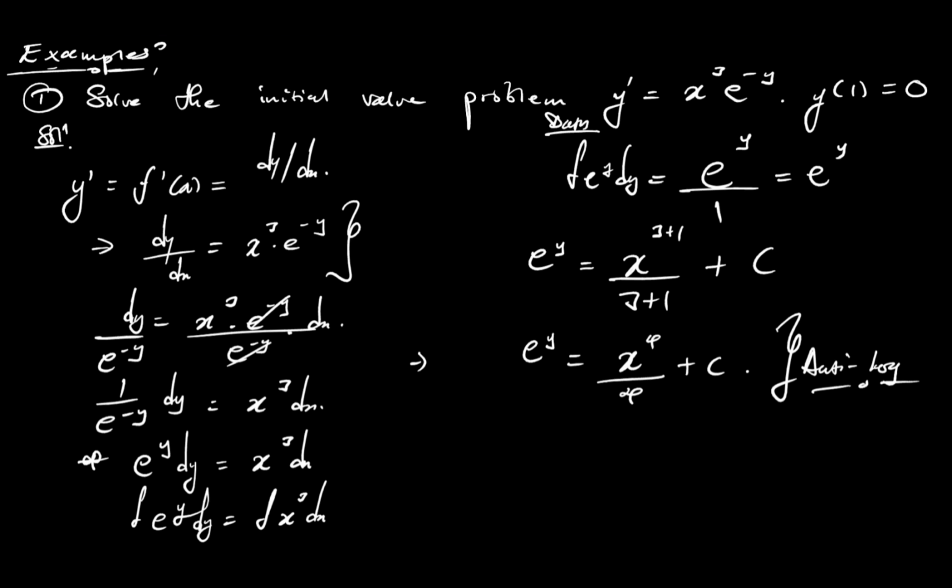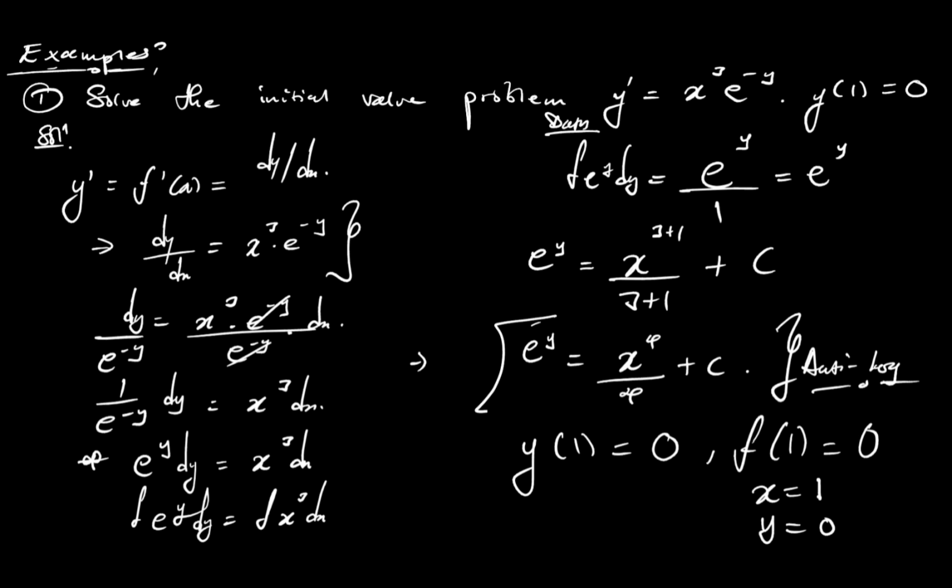But if we don't want, we can just first find the value of the arbitrary constant and then antilog, which would be the easiest way. So be mindful, we have been told that y at 1 is basically 0. What is this telling you? This is telling you that f at 1 is equal to 0. So when x is equal to 1, y is 0.